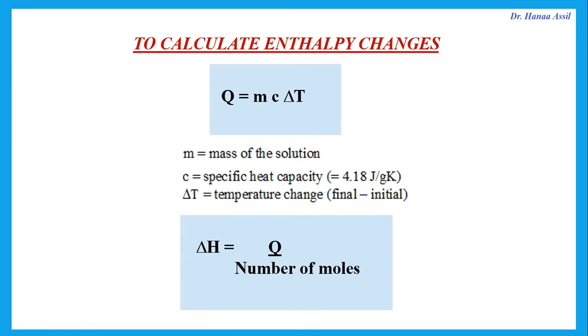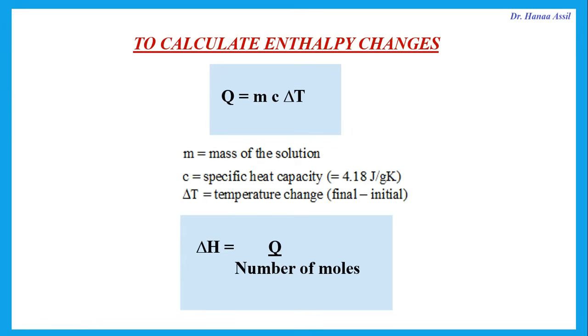So if we started with 50 centimeter cubed of water, that is 50 grams, and that is my m. If we added two solutions, then the mass would be the total of the masses of the two solutions. C is a specific number, 4.18 or 4.2, and delta T is the temperature change that we measured.